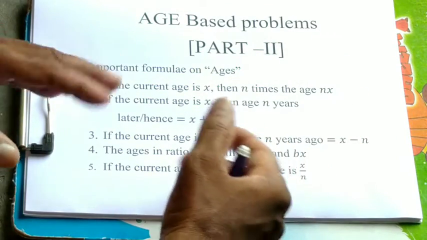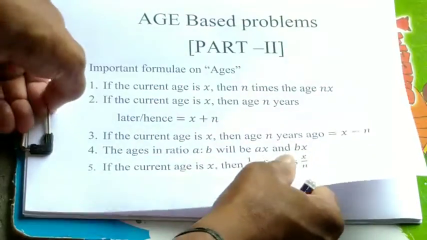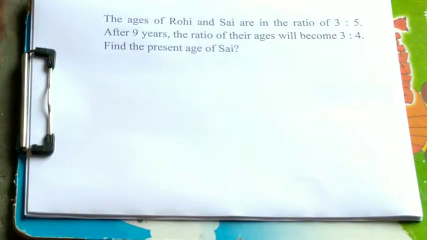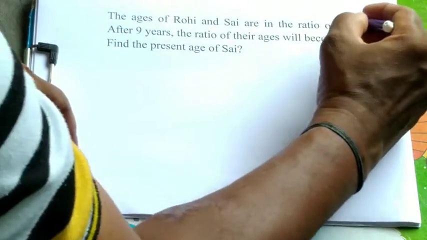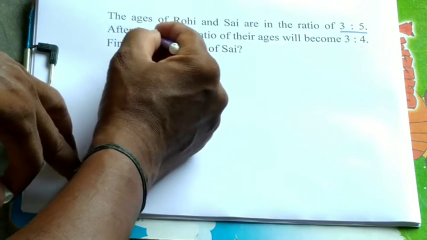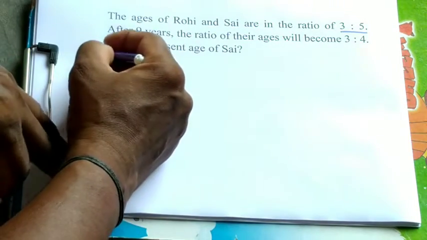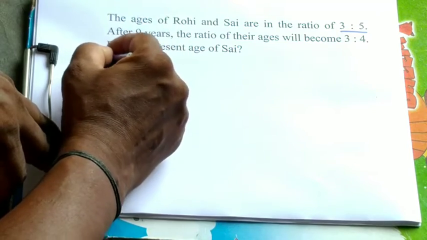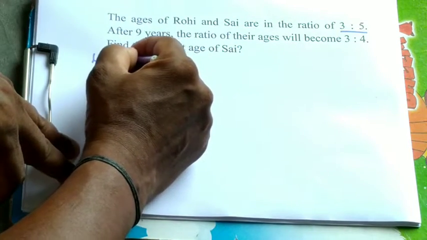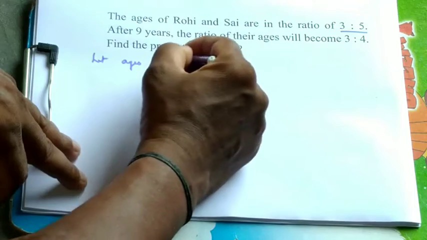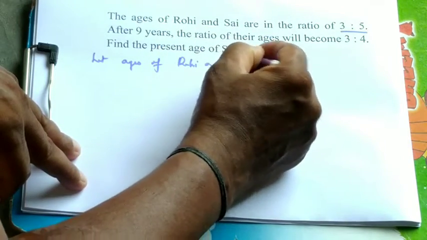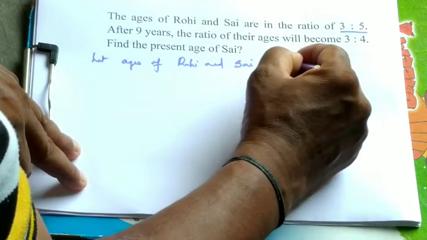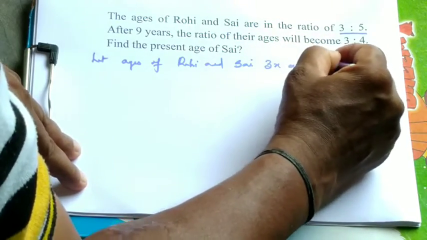Now we will discuss a few problems, in continuation of the last class. Here the ages of Rohi and Soy are in the ratio 3:5. Initially we assume the ages of Rohi and Soy are 3x and 5x.